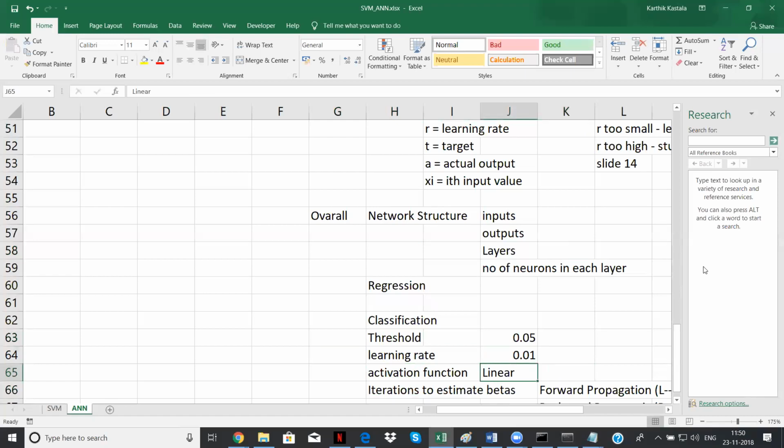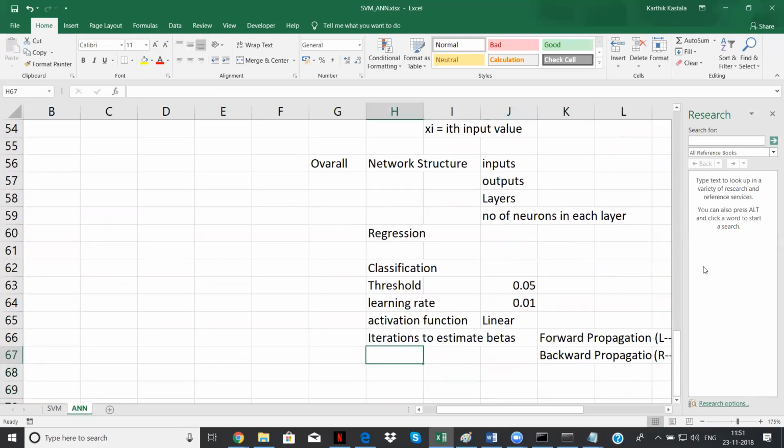The activation function is also by default linear, right? Then the number of iterations to estimate betas: how many times do you have to repeat the process of the training function to estimate betas? That's my last input. Is that clear to all? Yes?